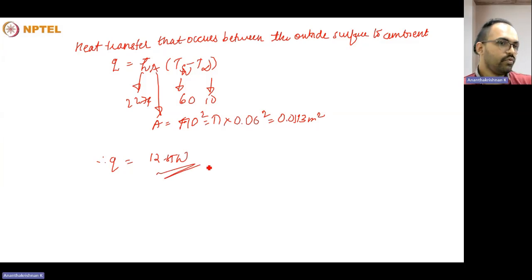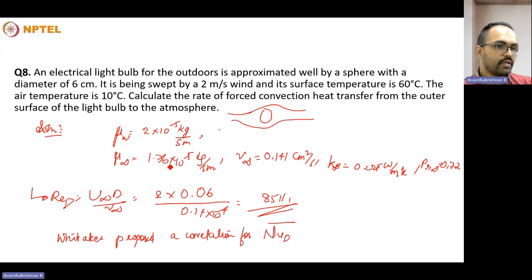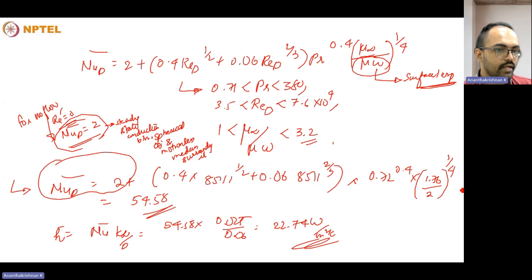In the previous case of the flat plate, we considered Reynolds number as a constraint, as a condition logical statement. If that is less than the critical transition Reynolds number, you take the laminar heat transfer correlations. If not, you take the turbulent. But here, this correlation that we have used for flow over a sphere is valid for laminar and turbulent, but the constraint is the Reynolds number range that is considered.